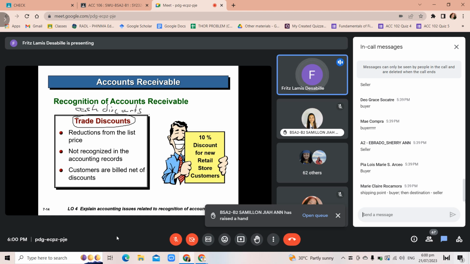So usually trade discounts are offered to customers for large quantity orders. As I mentioned also in our discussion on PPE, trade discounts are a reduction in the list price, right?